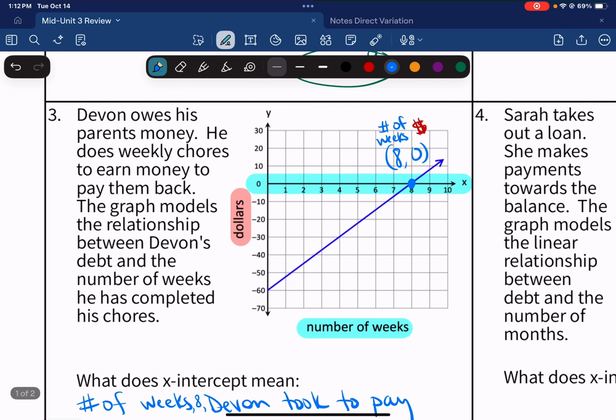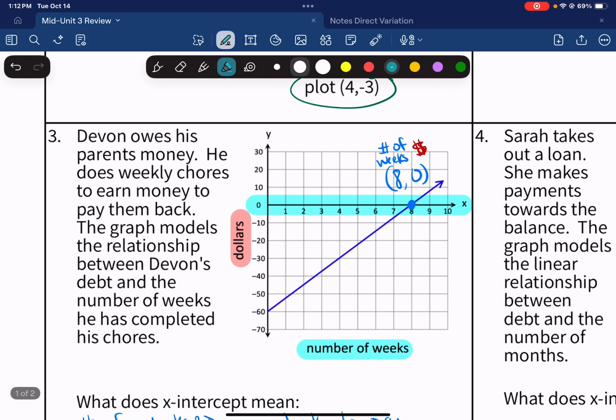Now, what does the y-intercept mean? Well, that is where my graph crosses the y-axis. And I can see that that happens right here at negative 60. So again, as an ordered pair, that number is (0, negative 60), where the 0 represents the number of weeks, and then the y value is the amount of money that Devin owes.